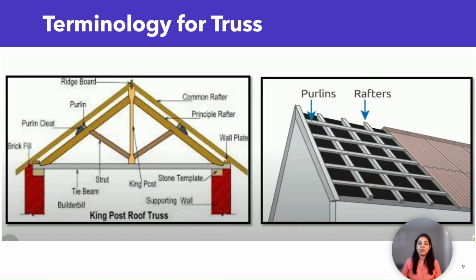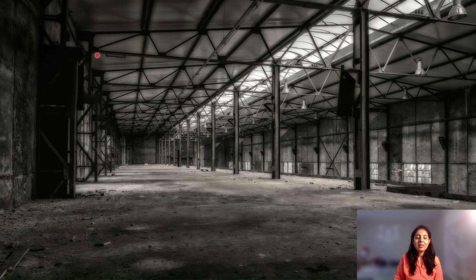Now we will see rafters. These are the rafters. These are placed transverse to the purlins. And principal rafter is the upper chord or top chord member of the truss. Truss components: this is the truss and it is supported on the columns here and here.